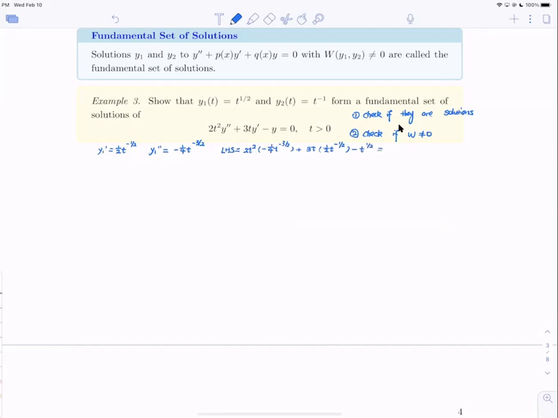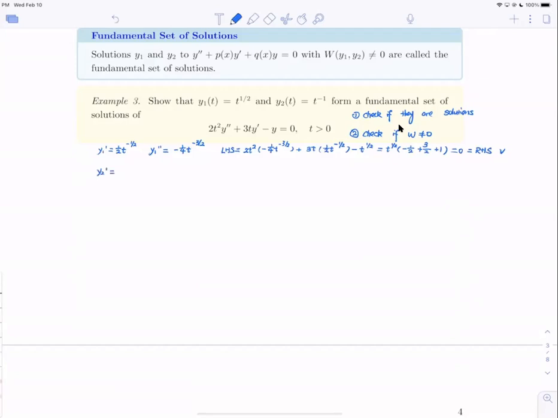So this equals t to the 1 over 2 times negative 1 over 2 plus 3 over 2 minus 1, and that's going to give you 0. And that equals your right hand side. That means my y1 is a solution.